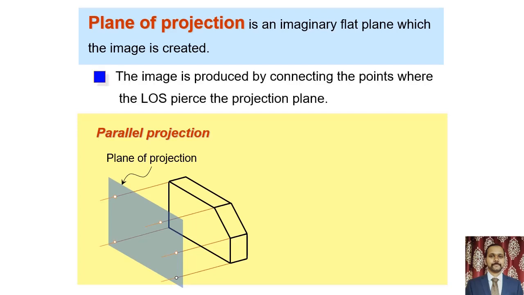This is the image produced by connecting the points where the line of sight pierces the projection plane. That means whatever rays pierce the plane of projection, if you draw lines between these points, then we can say this is the parallel projection, where the projectors are parallel.